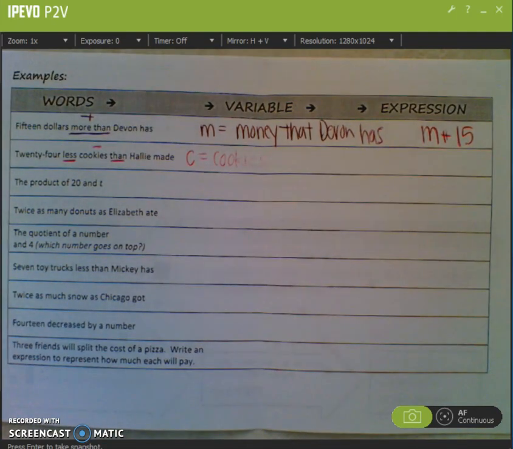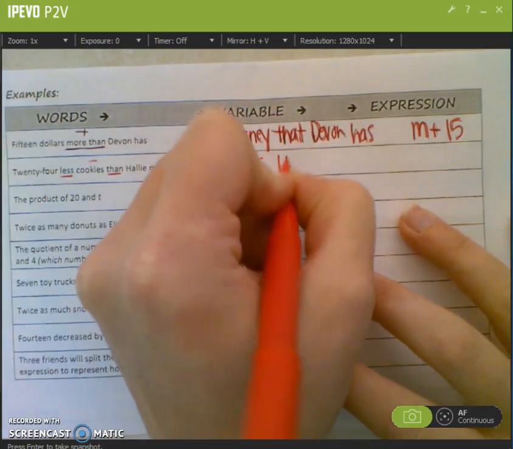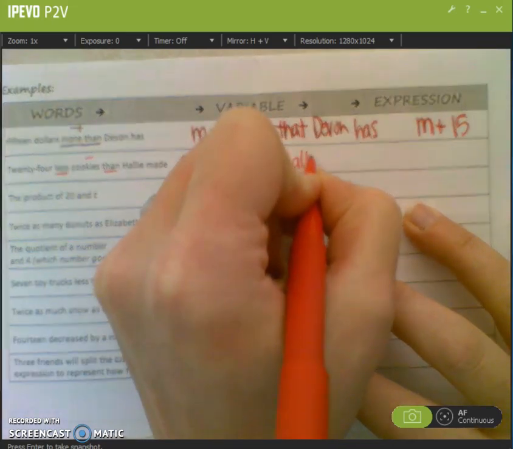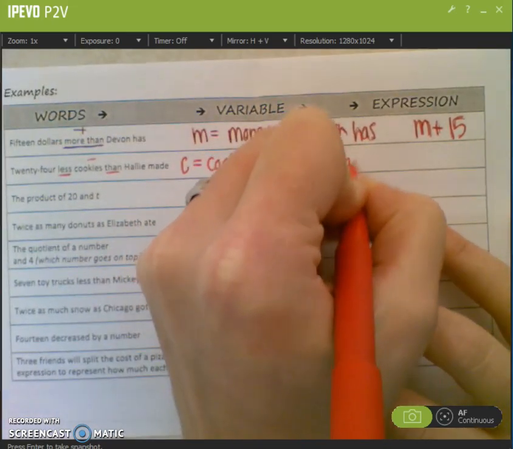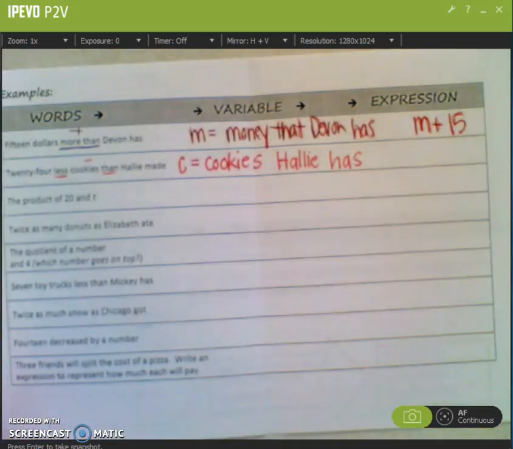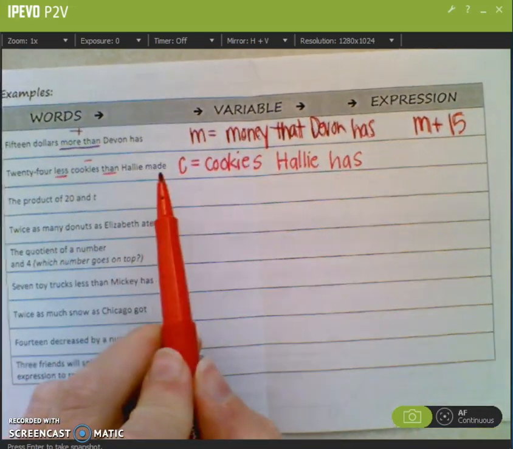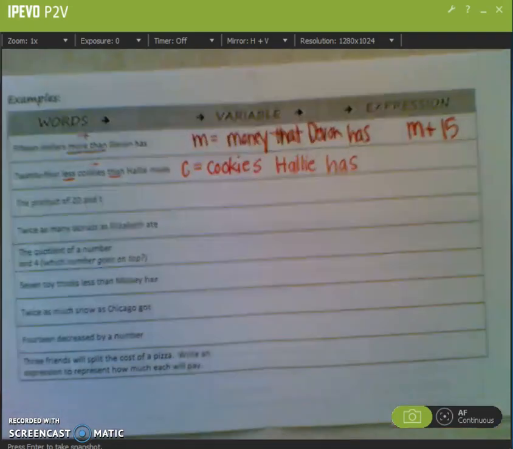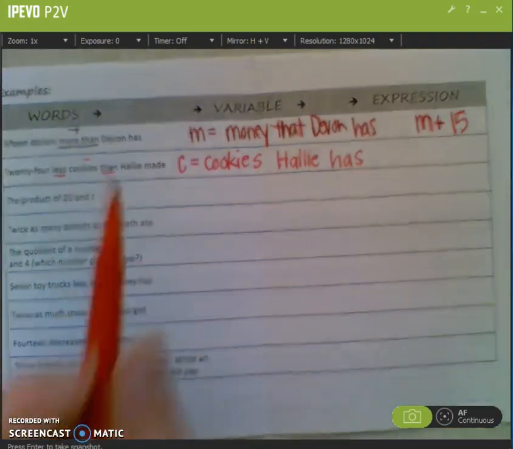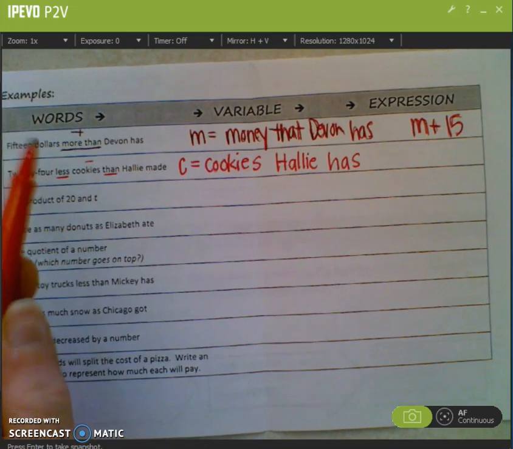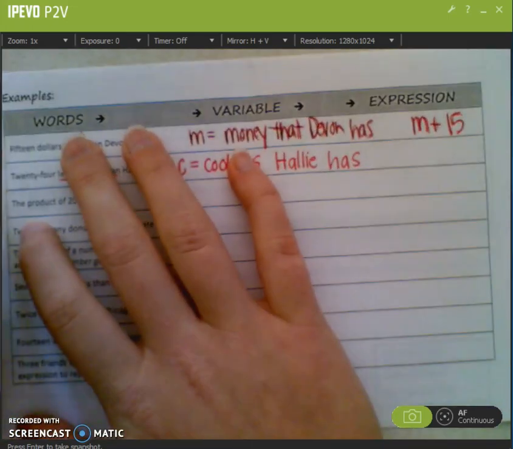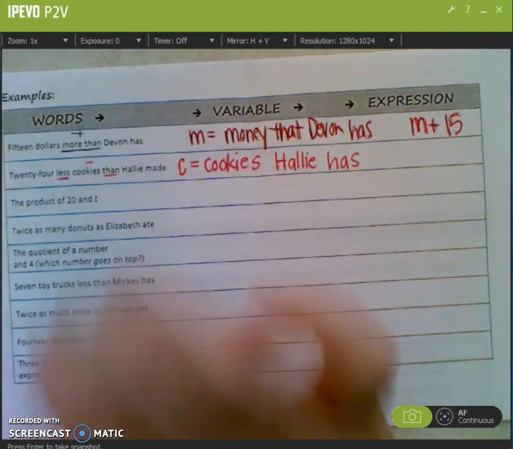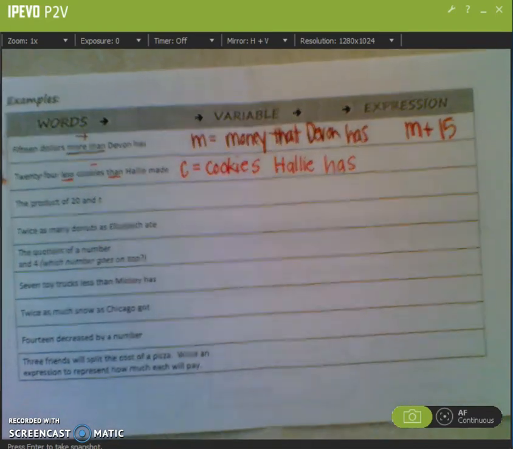So I'm going to include a whole phrase here: cookies that Hallie has. Less than and more than are special words because we have to really make sure that we get this in the right order. Order does matter.